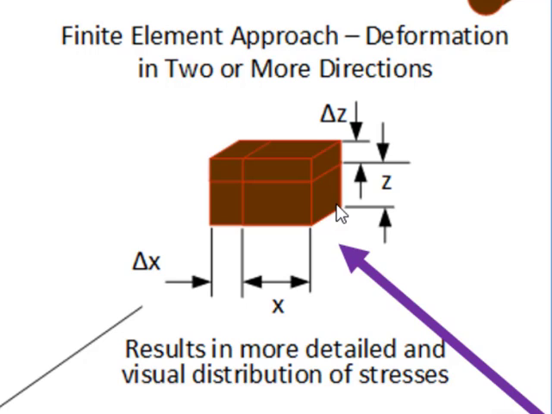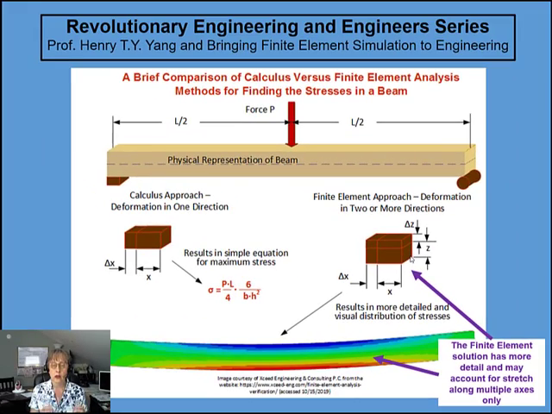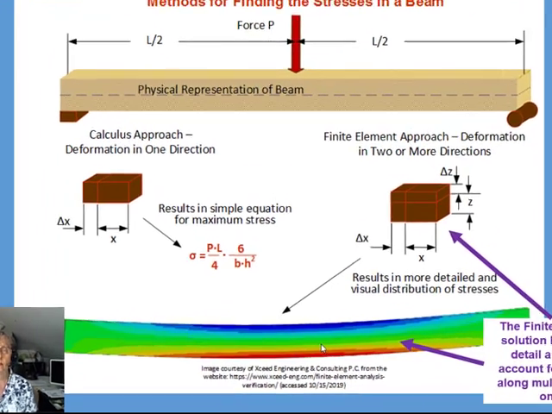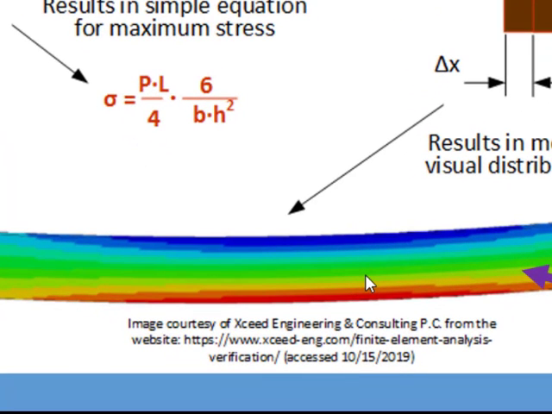The difference is because it's using linear algebra and the computer, it can solve thousands and thousands of simultaneous equations all at one time to give us an answer. What that results in is a much more detailed picture of the stresses in the beam. So you can see the color coding here shows the stresses in the beam.